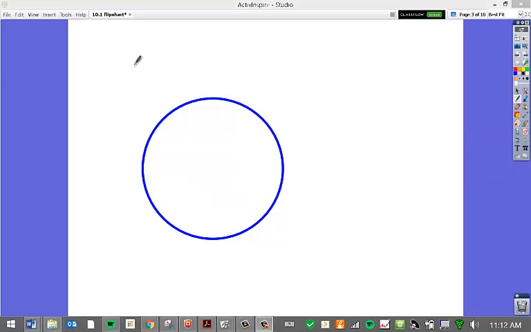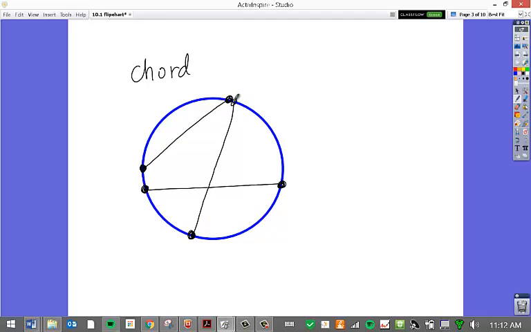The next vocab word is a chord. A chord is a segment whose endpoints lie on the circle. So a chord could look something like this, or it could look something like this, or a specific example would be the diameter.